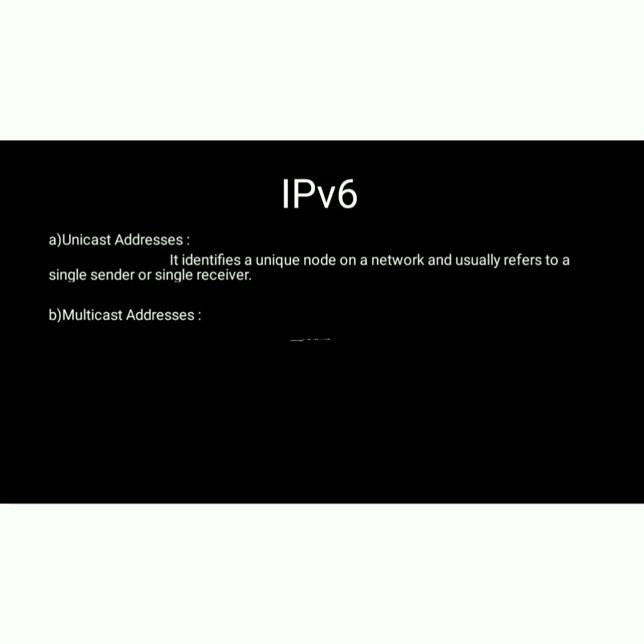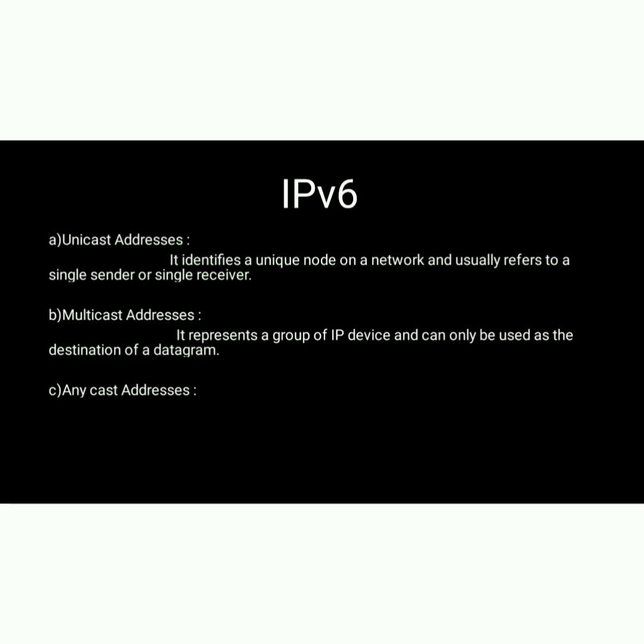Multicast addresses represent a group of IP devices and can only be used as the destination of a datagram. Anycast addresses are assigned to a set of interfaces that typically belong to different nodes. These are the IP address versions.